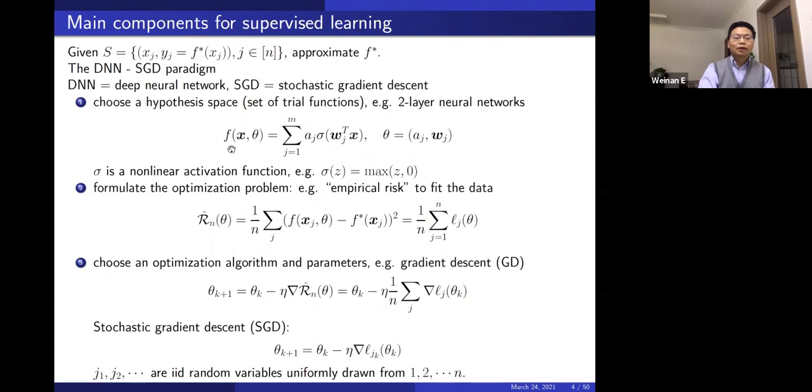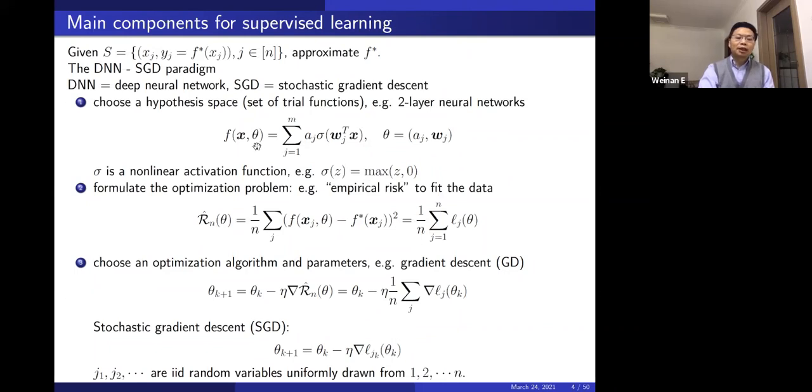For example, we can choose functions of this form, where the a_j and w_j are constant coefficients, and sigma is a nonlinear function called the activation function. For example, the most popular choice is the ReLU activation function. These kinds of functions are two-layer neural networks, two-layer because we have two sets of coefficients.